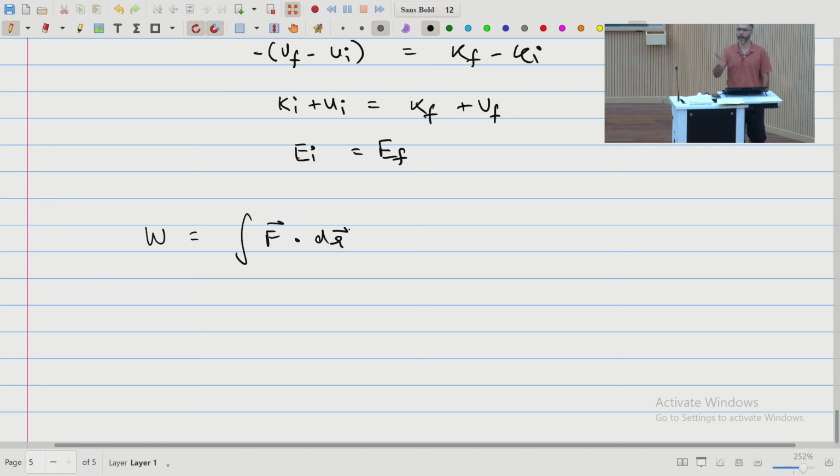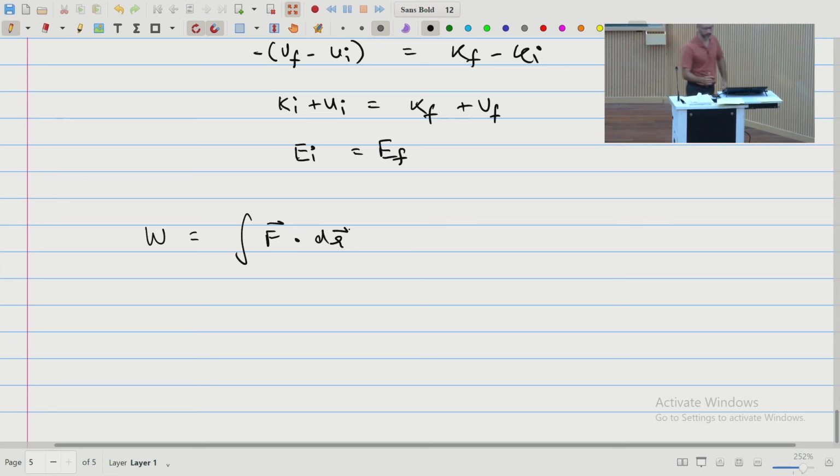Now the question is, why do we prefer to use potential energy rather than integrating over the whole path? Exactly. The F and r relation might be very complicated. You take a spring acting at an angle and the object is moving in a curve.